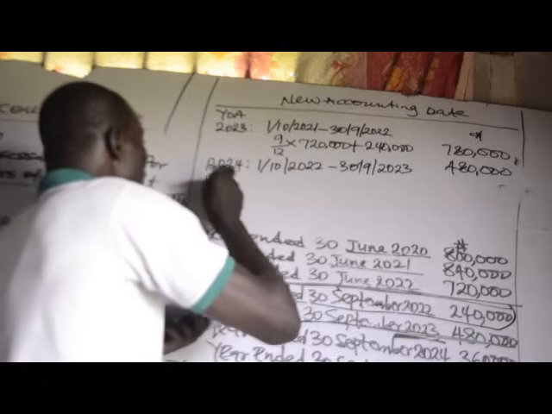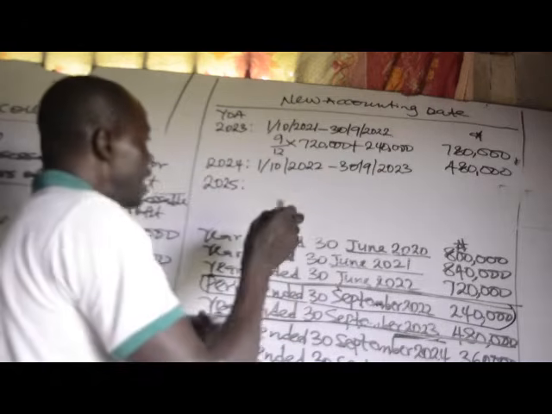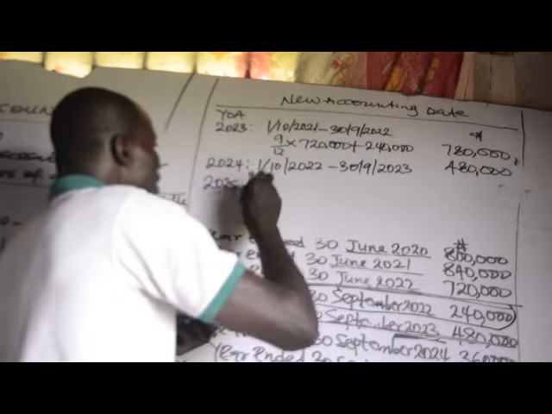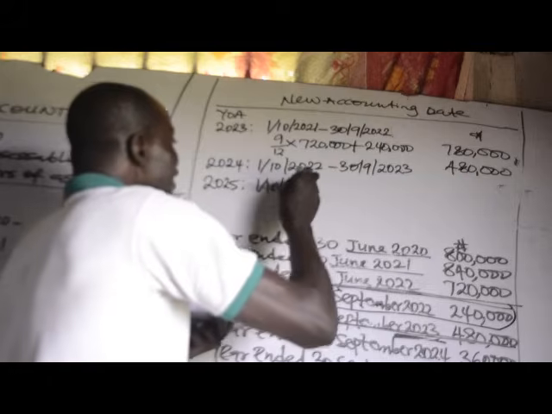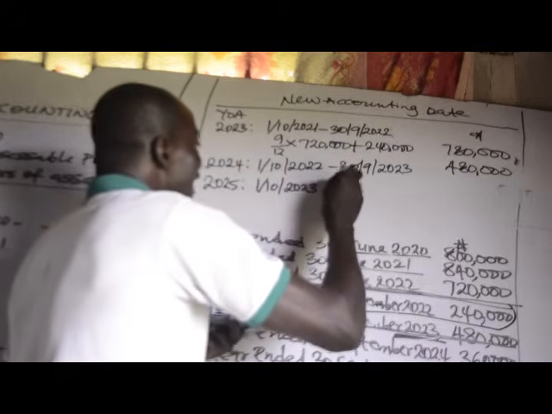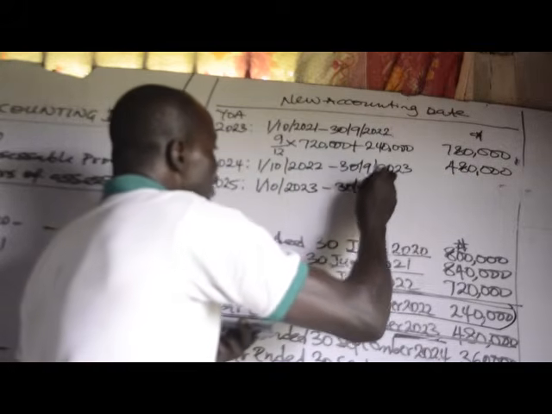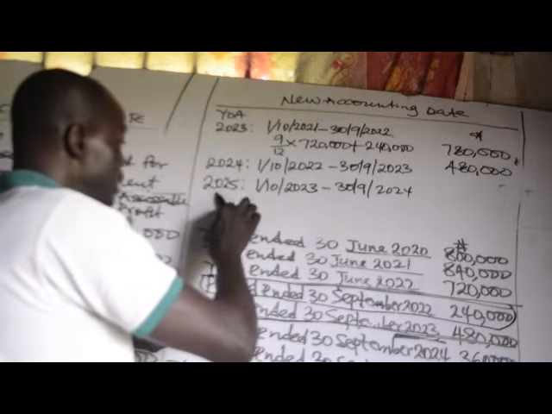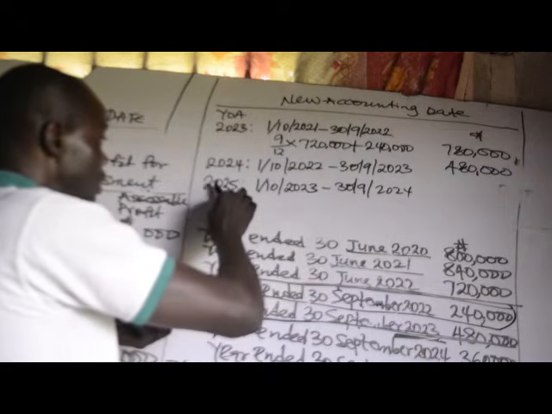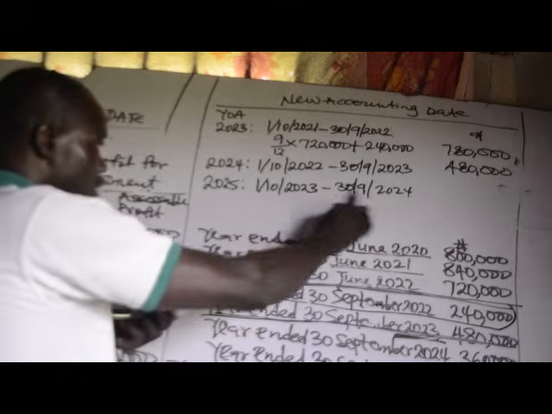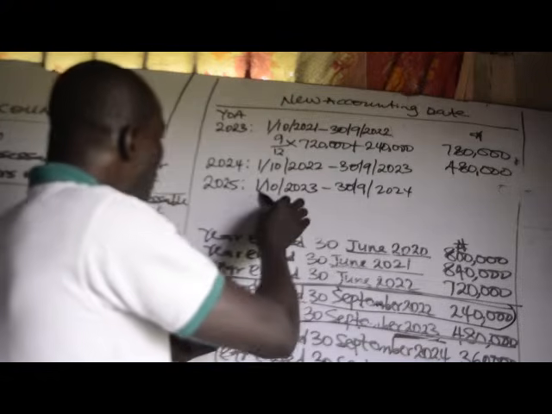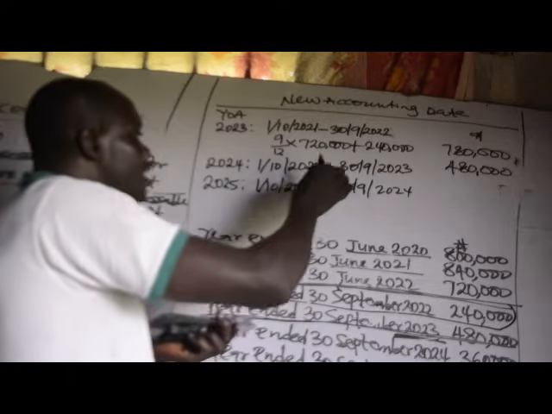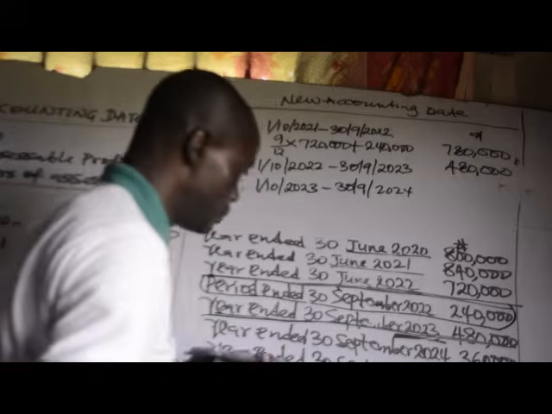Then the 2025 year of assessment. The basis period will be 1st of October 2023 and end as at 30th of September 2024 on PYB, preceding year basis. So where can we get profit from October 2023 to September 2024?